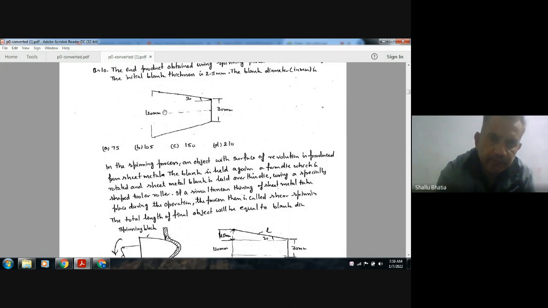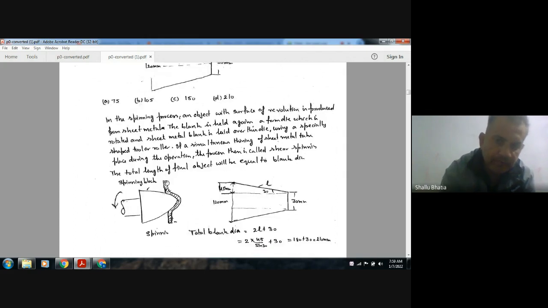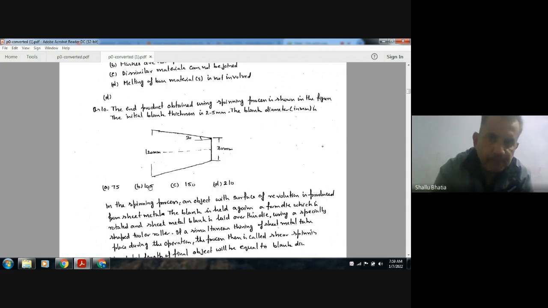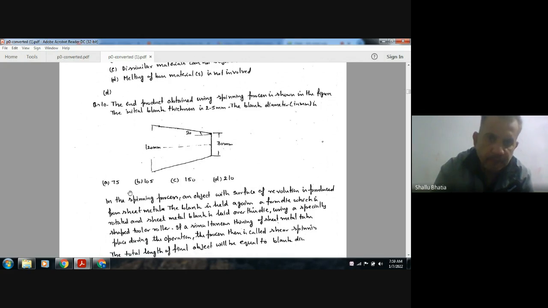Initially we take a long blank, and it will be wrapped over the surface which is carrying out spinning. So the dimension of the blank will be the summation of these dimensions.